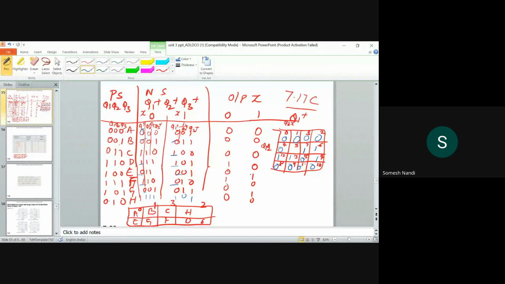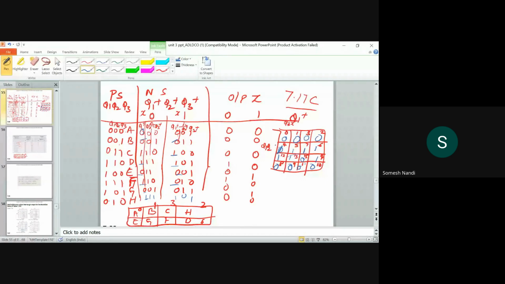I had missed this value. So here, what will you get? For 5, you will get it as 0 1 0 1. For 5, it is 1. Sorry, for 4 also it is 1 only. 0 1 0 0. So this is 1.